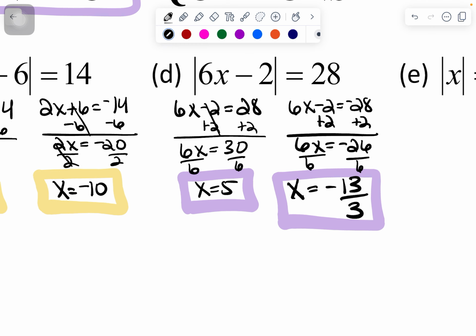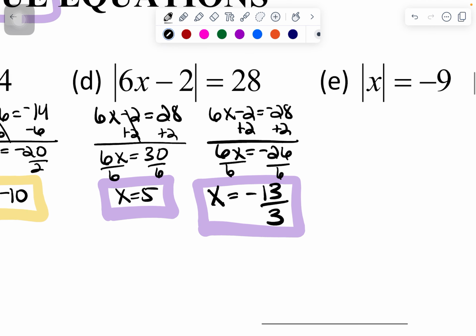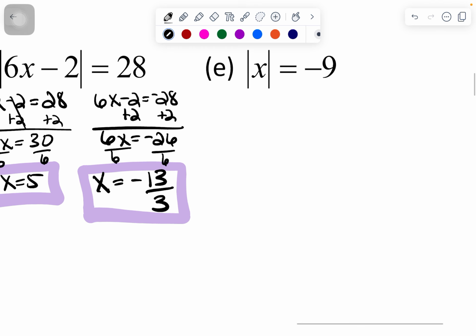And there's one more little piece to the puzzle, and that's part E here. Part E says the absolute value of x is equal to negative 9. And the answer is no. Just no, it's not. Here's the thing. Absolute value cannot equal a negative number, right? It's like saying, I want you to go run negative 9 miles.